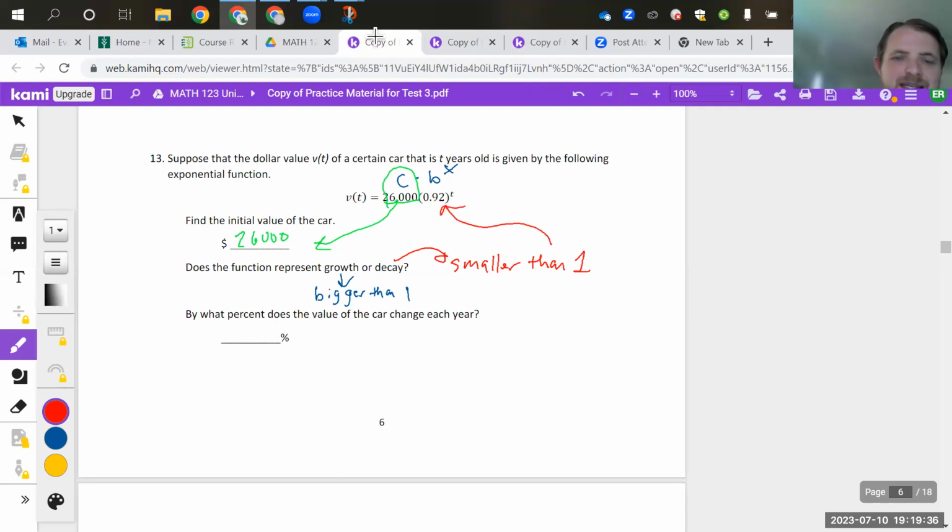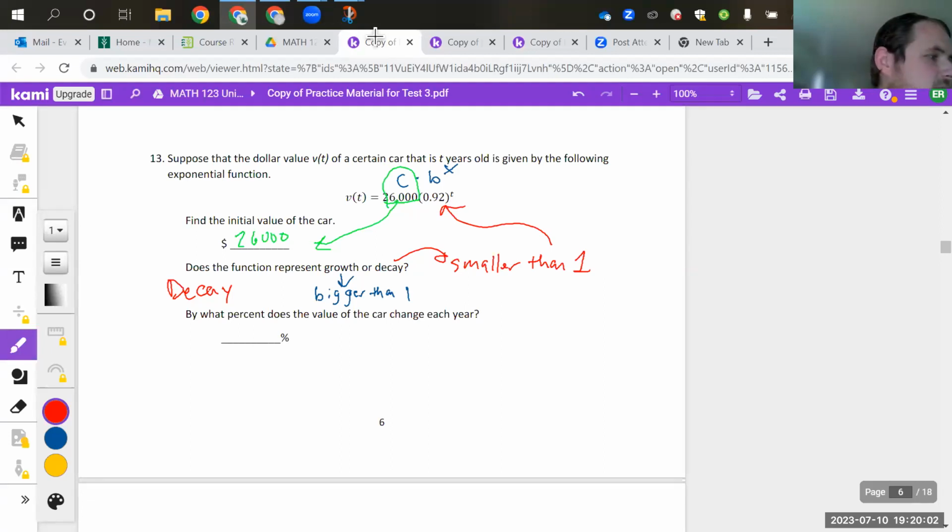So this is going to be a decay situation, which decay doesn't mean like the car is like wasting away, deteriorating, crumbling. It means like the money's going down. Just in case you're curious, a lot of times it talks about like you can use it for like a body decomposing or something, but decay just means going down.